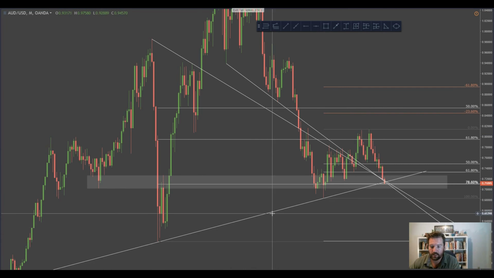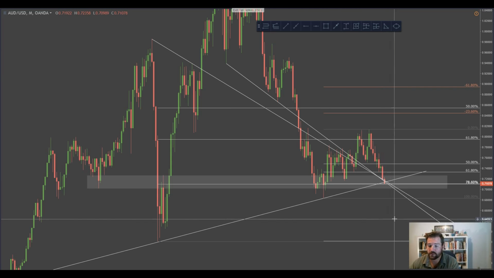So we have a trend line, several trend lines, 3 trend lines so far, 2 major Fibonacci levels, or potentially major Fibonacci levels, and this huge zone here that we're smack dab in the middle of as of right now. You're starting to see how we build the confluence for our trades.